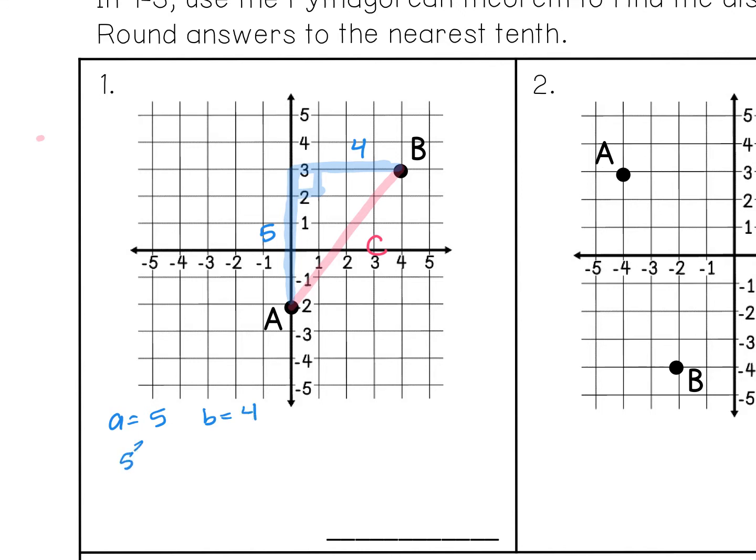So 5 squared plus 4 squared has to equal C squared. So 25 plus 16 will give me C squared. And that gives me 41. And I know that the last step is always to take the square root.